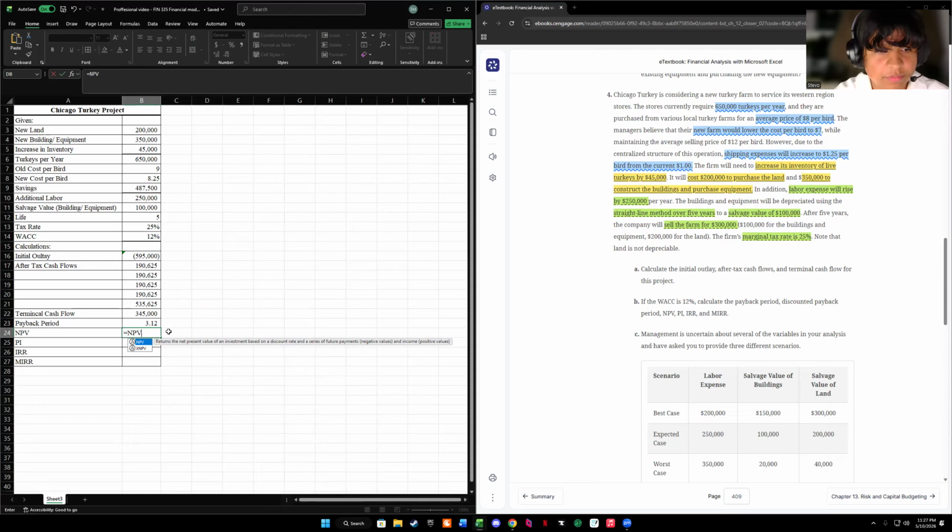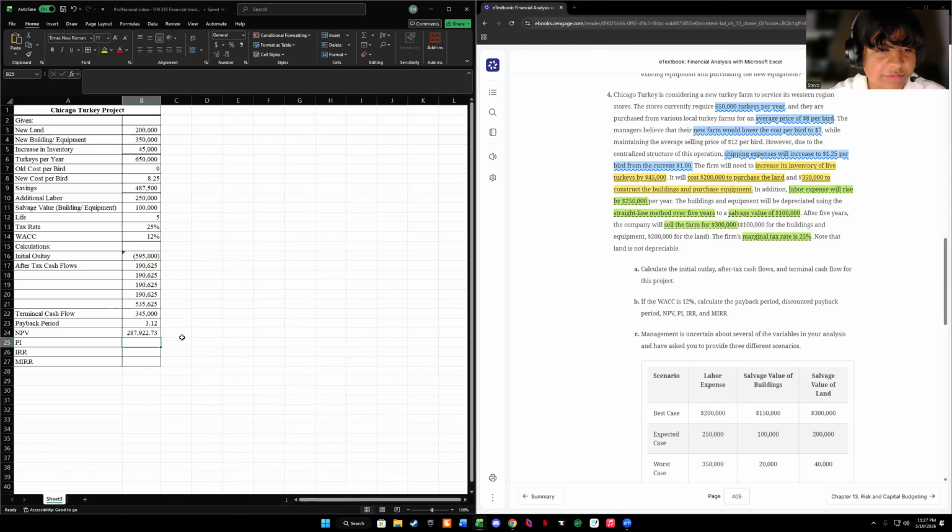NPV, present value of the project, so what the project is worth right now in a dollar value. And to do that, as you can see here, you just do the rate and the value. So the rate is our WACC, weighted average cost of capital, and then the rest is just our operating cash flows throughout the years, and then you add back the initial investment.